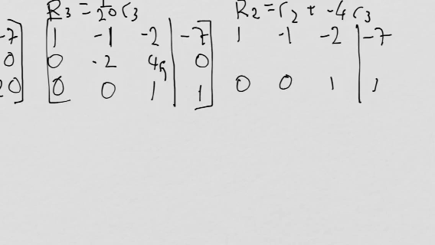And now the second row, 0, negative 2, 0, negative 4. So, there's that part of the problem.